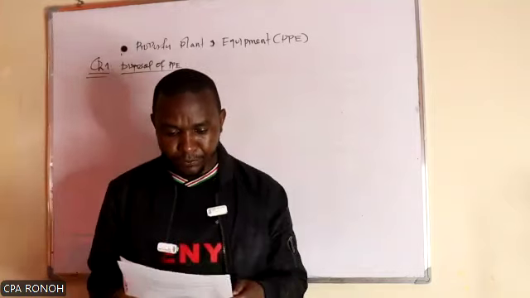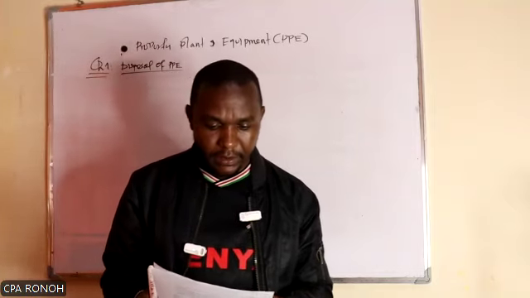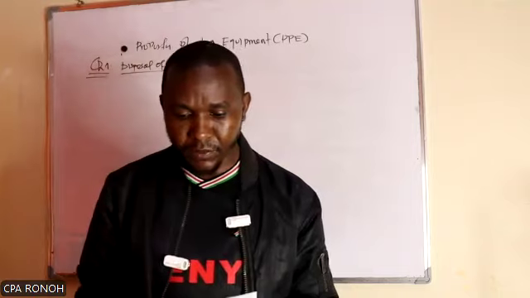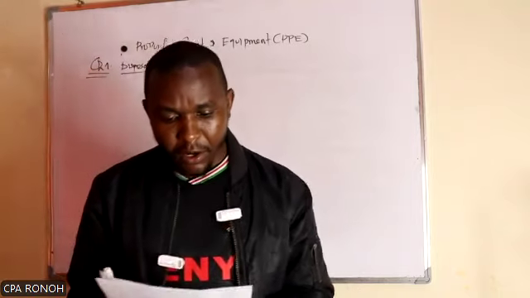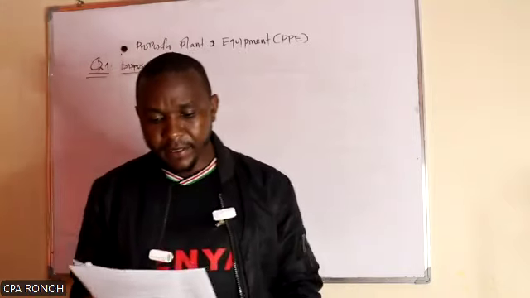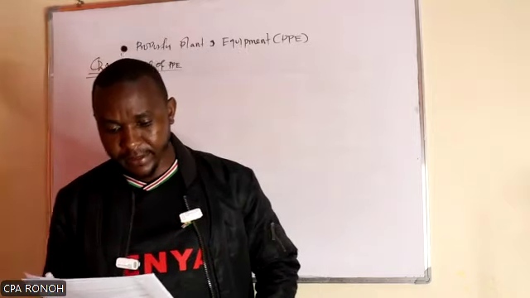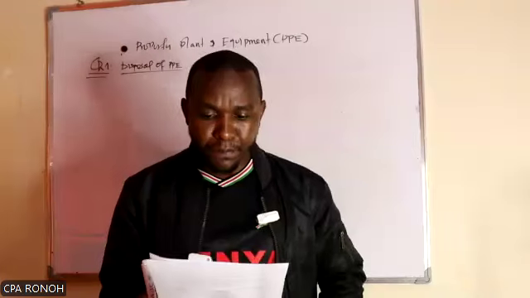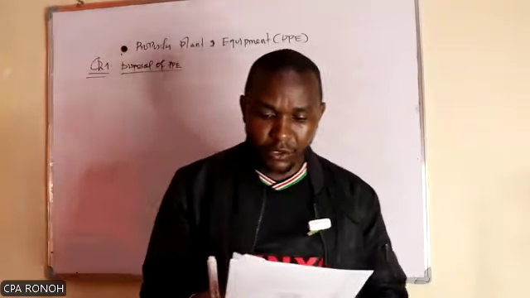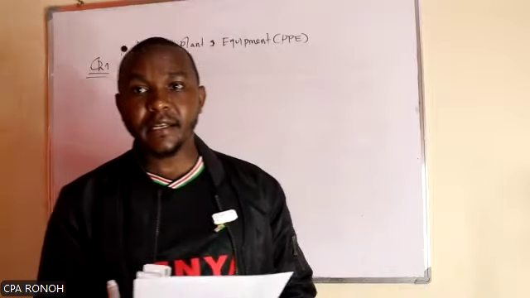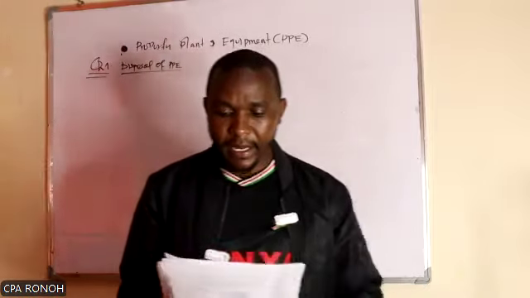Now, number 2, on 1st July 2019, a new motor vehicle was bought at 1 million. On 31st July 2019, a motor vehicle bought on 1st August 2016 at the cost of 800,000 was sold at 300,000. So that is a disposal.